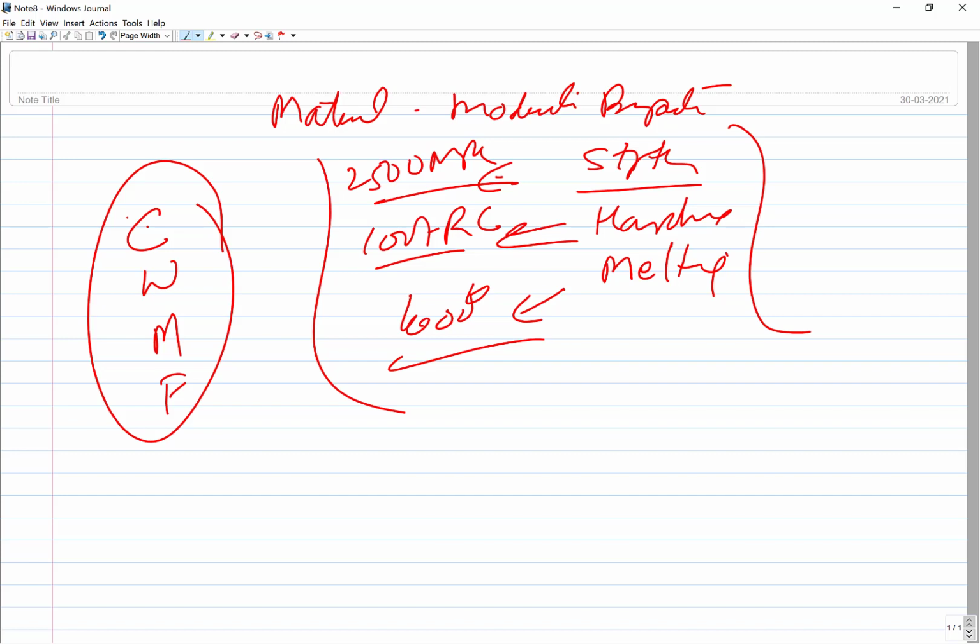A lot of materials of late have been developed for very harsh application conditions, wherein they can sustain very high temperature, and they can retain high hardness and strength in very tough conditions. So those cannot be processed using these conventional processes, and that is why you need unconventional or newer categories of processes.